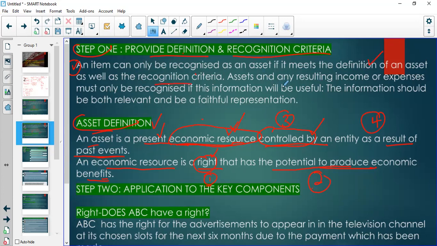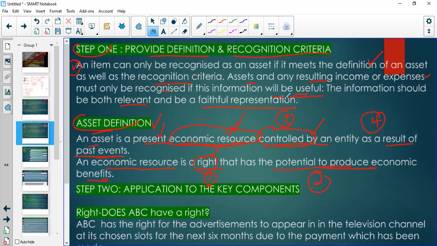Then the recognition criteria says we only record assets and any resulting income or expenses if this information will be useful. That's the recognition criteria. So when you answer such a question, you just have to repeat that because it's basically what the conceptual framework prescribes. So the information has to be useful. And for information to be useful, it has to be a relevant and faithful representation.